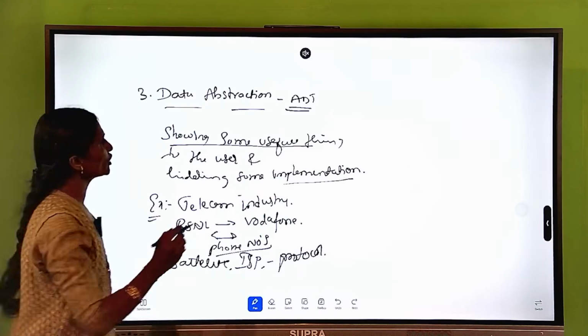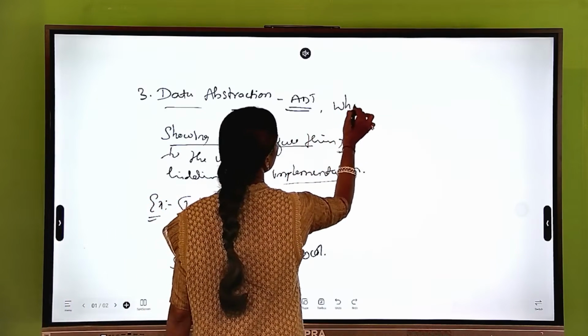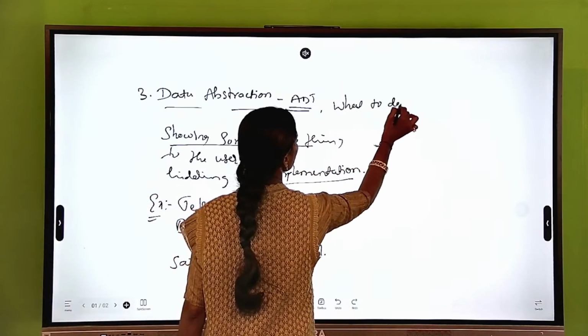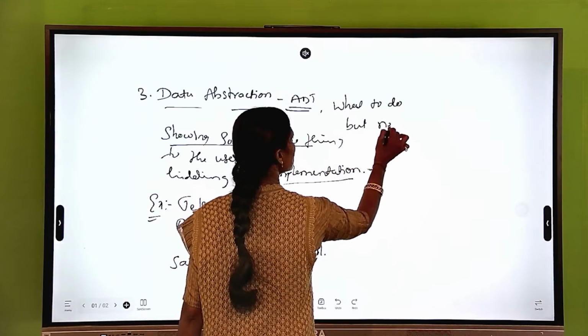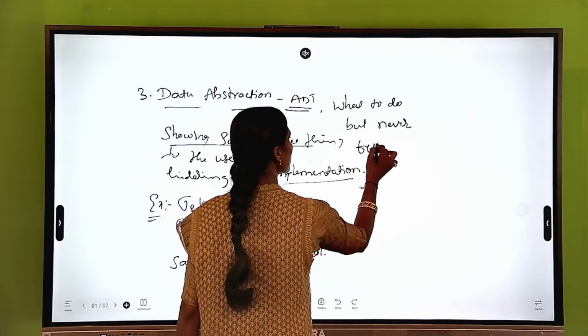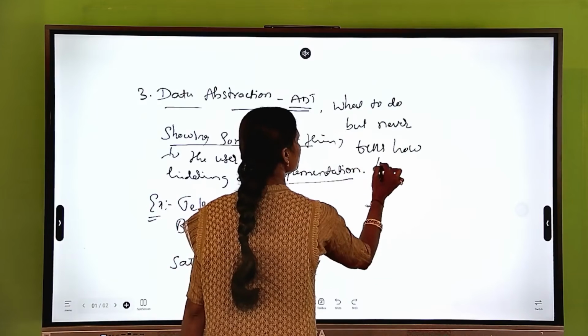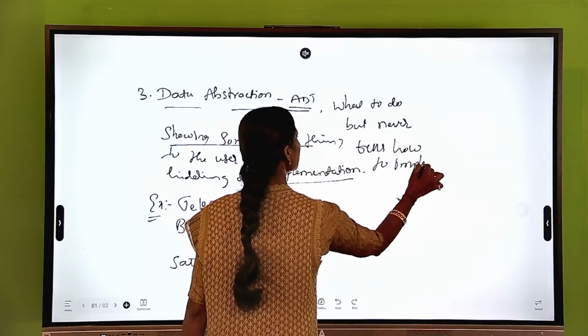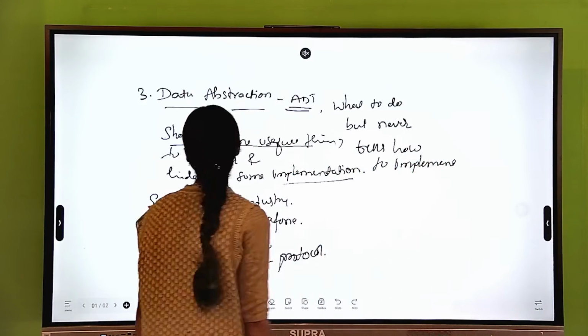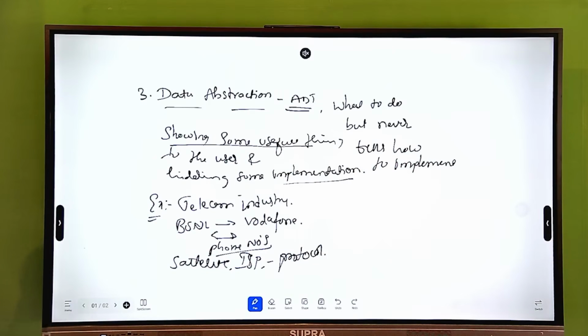It tells what to do, but it never tells how to implement. So I hope you are following me. That's the third concept of OOPS, data abstraction, also called ADT.